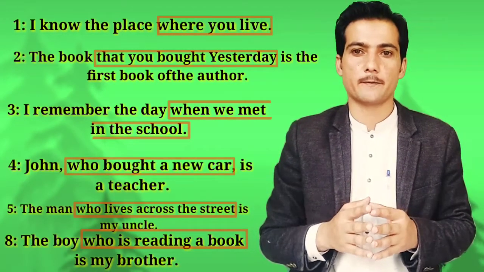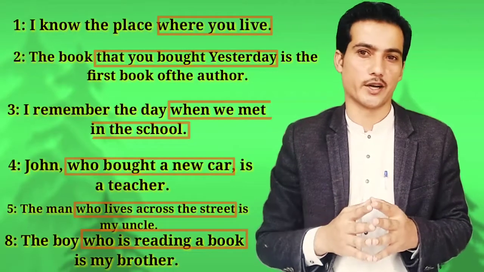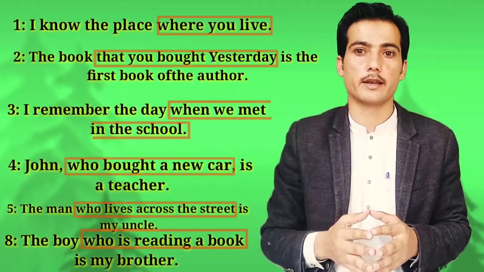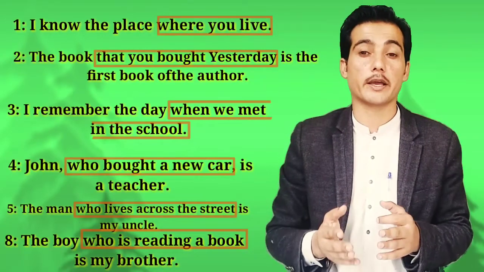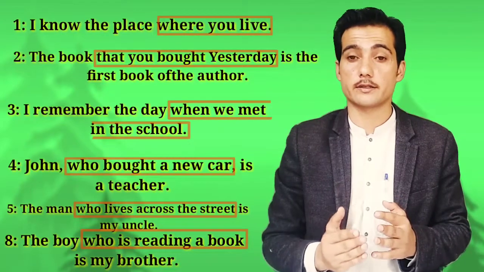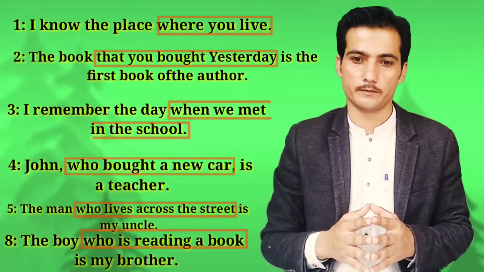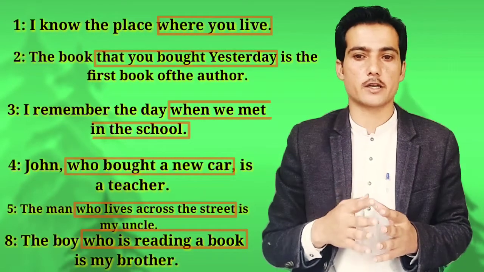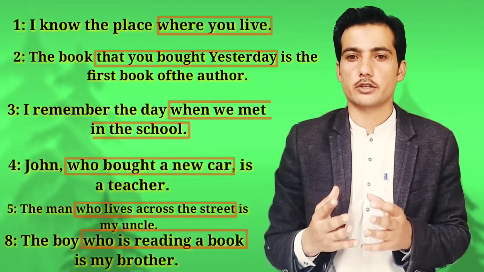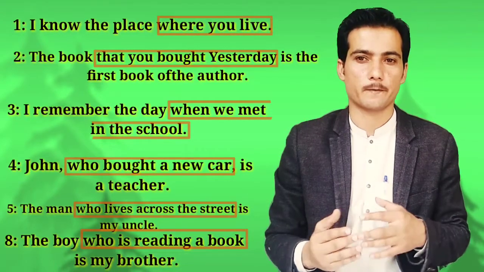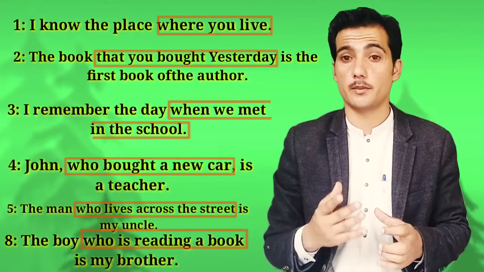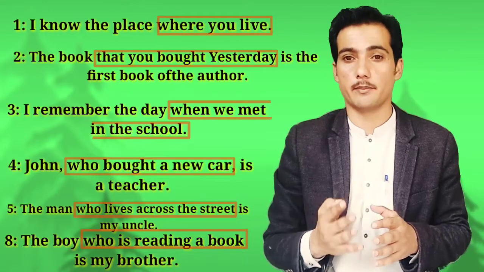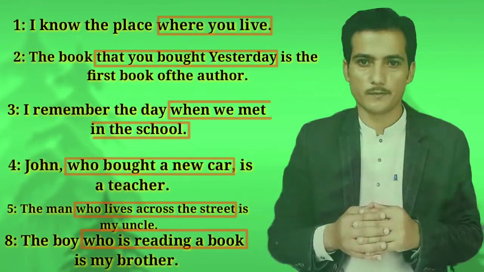The first one is that it starts with a relative pronoun, and the relative pronoun is who, but here who functions like a subject, and it consists of a verb as well. That is an auxiliary and reading is a verb, and along with that it gives us information about the noun, and the noun is the boy, and it is a group of words, so that is why who is reading a book is an adjective clause.